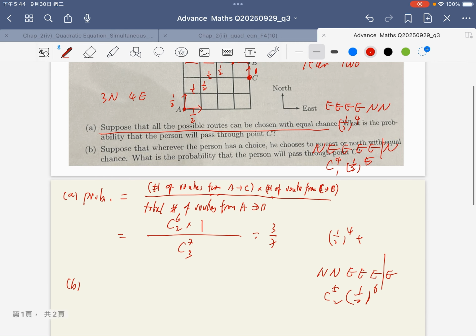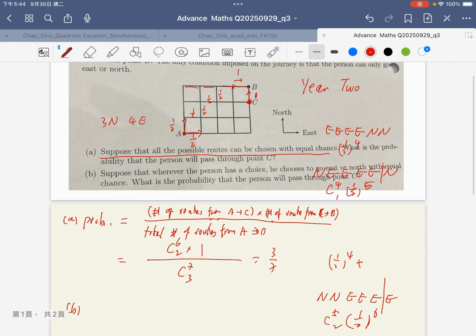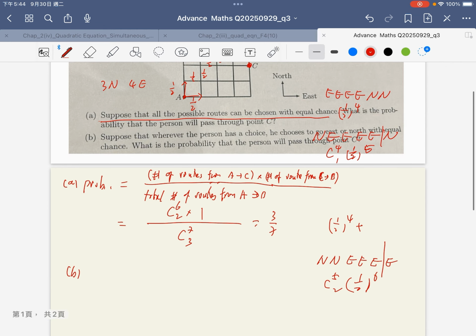That is all the types of probability. Of course, the final step we don't need to consider. Therefore, the probability should be 1 over 2 to the power 4 plus 4C1 times 1 over 2 to the power 5 plus 5C2 times 1 over 2 to the power 6.